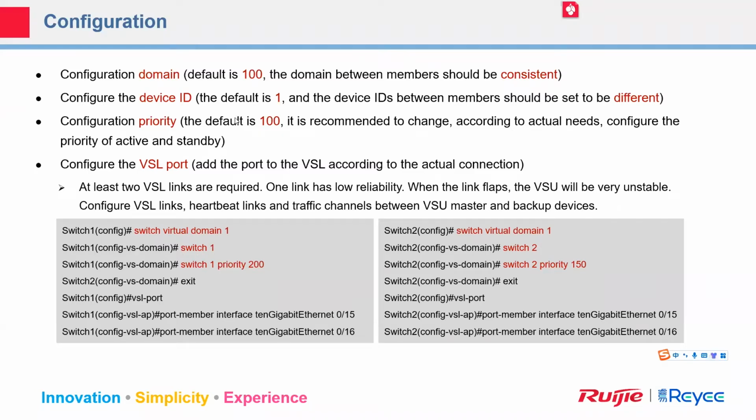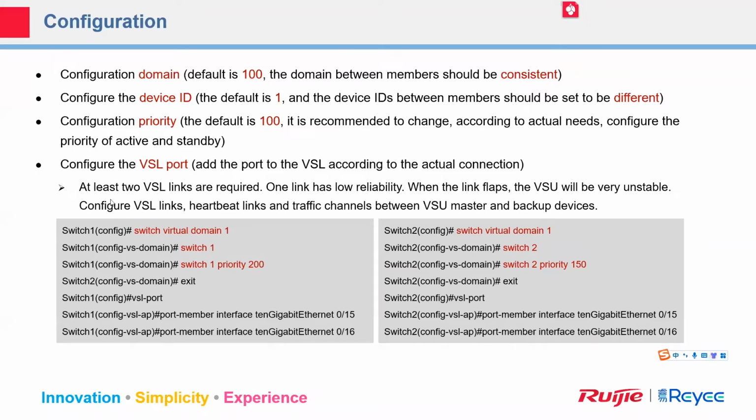The switch number is the device number. The default value is 1. And on another switch, the switch ID should be different, maybe 2, maybe 3. Then we can give the priority 200 or 150. The default value is 100. We will compare the priority to select who is active and who is standby.